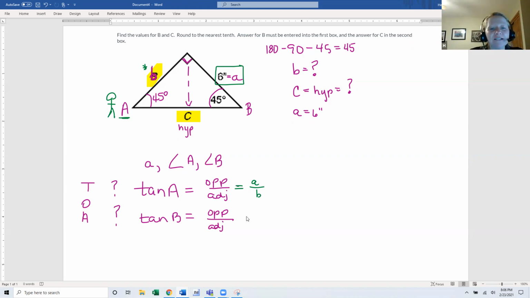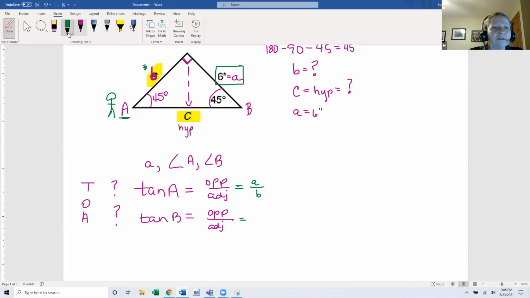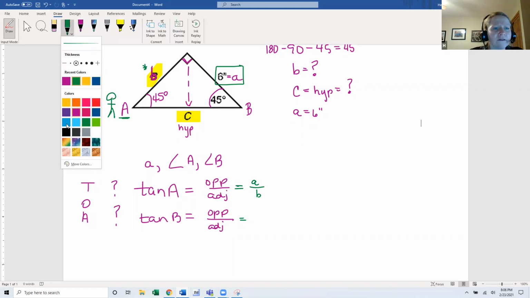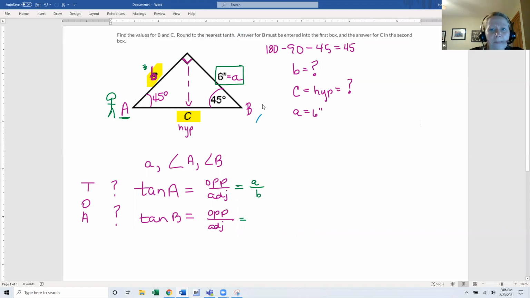Let's look at tangent B. Now let me switch colors. Now I'm a blue stick figure. So I'm from the perspective of B. I'm standing right here at B. What's the opposite side from angle B? What's across from angle B?